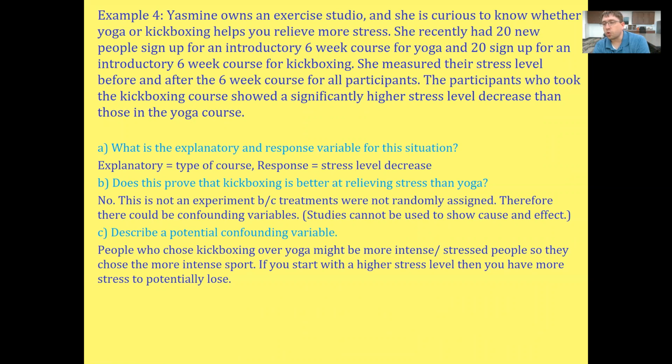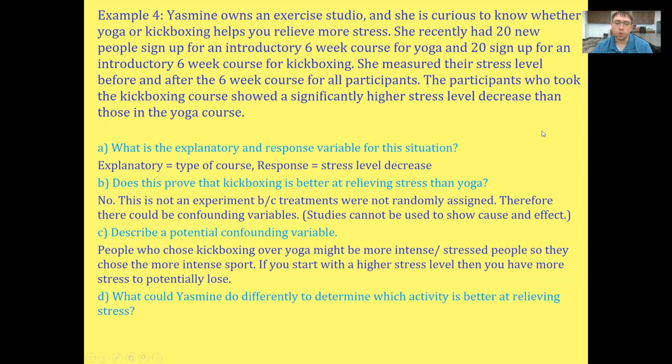So therefore they have more stress to lose at the end of the course. That's a possible confounding variable that she completely forgot to address in this observational study. So before she goes and claims that kickboxing is the solution to all your stressful needs, she would have to understand that she didn't really prove that. She just happened to see a strong correlation between the two.